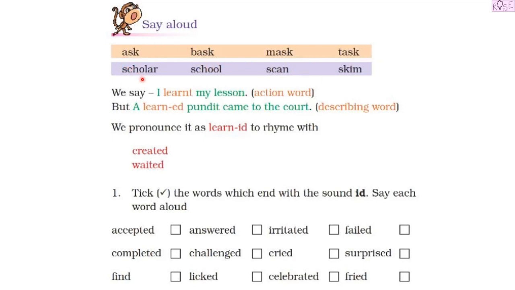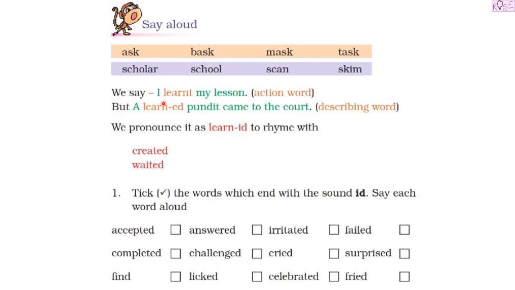So now we know that wherever S K, S C H and S C come, we have to say the sound sk. Ask, bask, mask, task, scholar, school, scan, skim. Let's move on to the next activity.